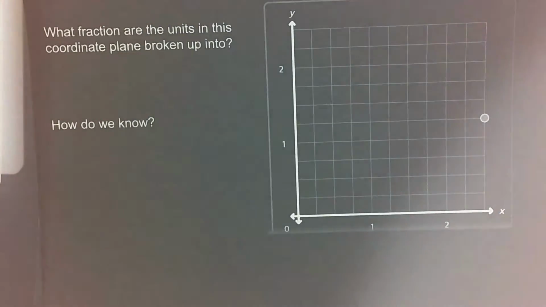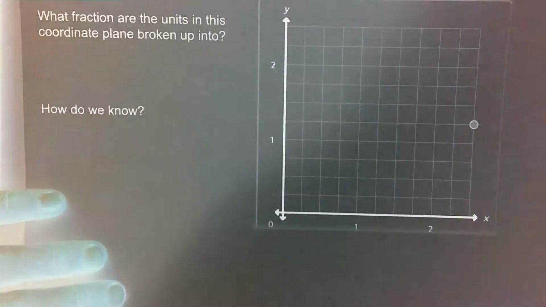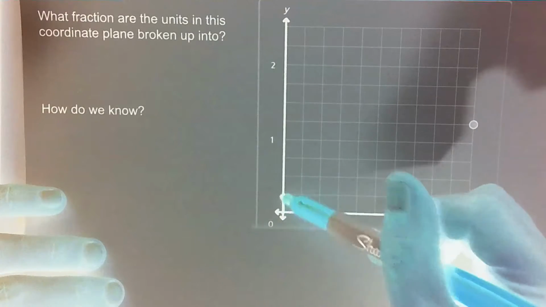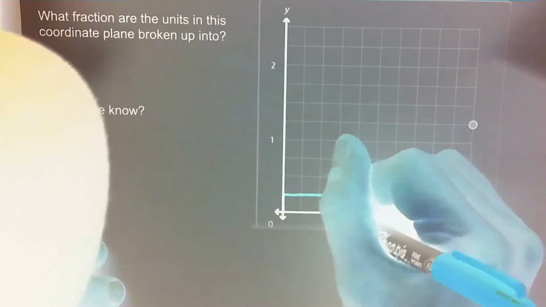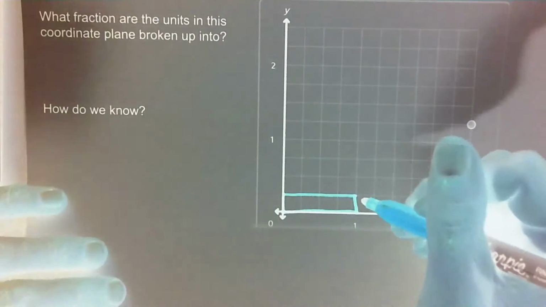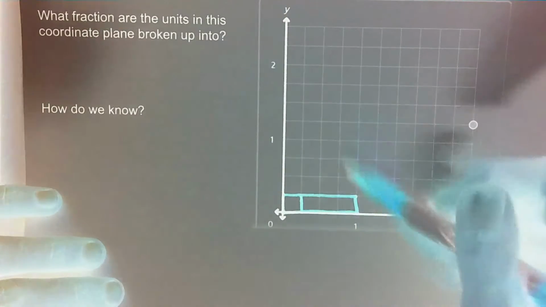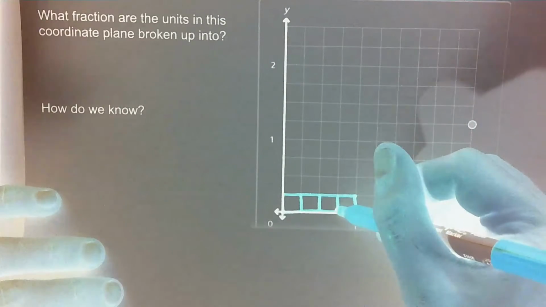But I think drawing a tape diagram within our coordinate plane will help. Let's pretend that from 0 to 1, this little chunk right here, let's make an area model right here. And let's partition our area model along the lines in the plane.